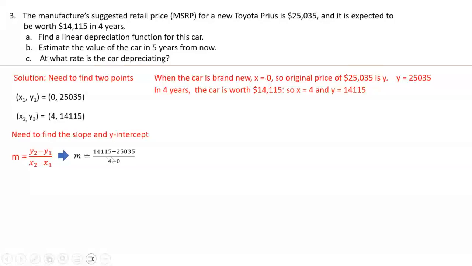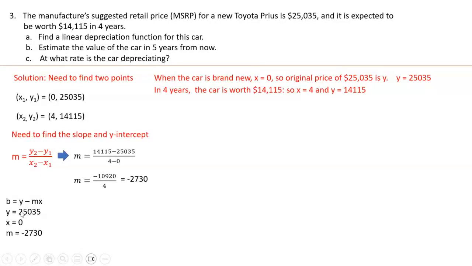So it'll be 14,115 minus 25,035 over 4 minus 0. My result will give us negative 2,730. That's my slope. Now I need to find my b. So the b will be y minus mx, and it's easier to use the first point.